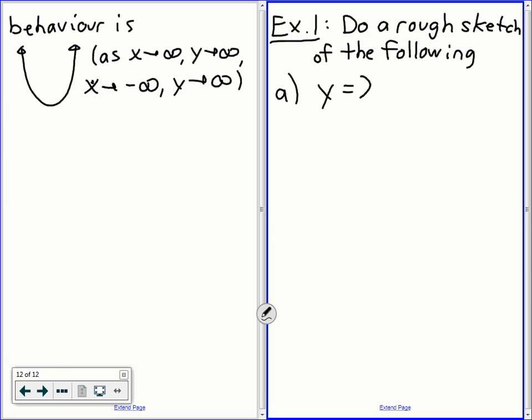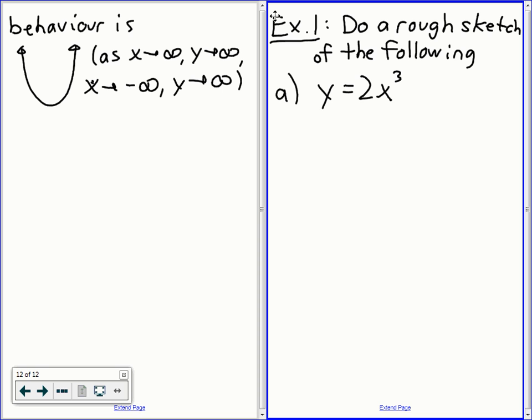Okay, now when I say rough sketch, all I'm looking for here is end behavior. That's the main thing that I'm looking for.